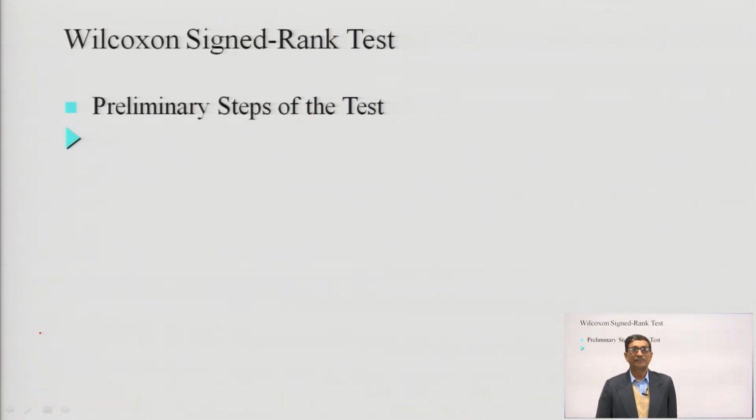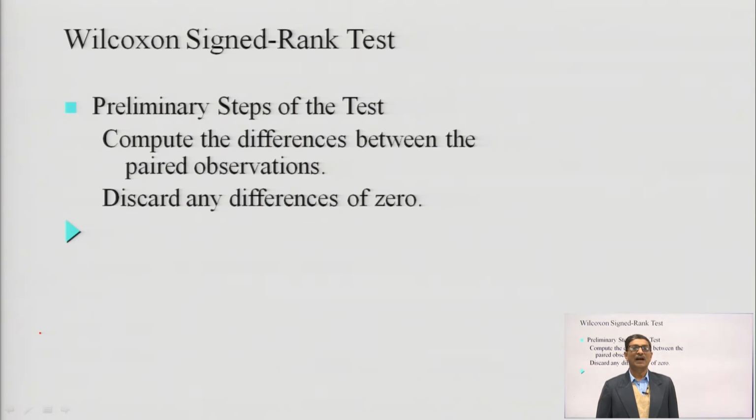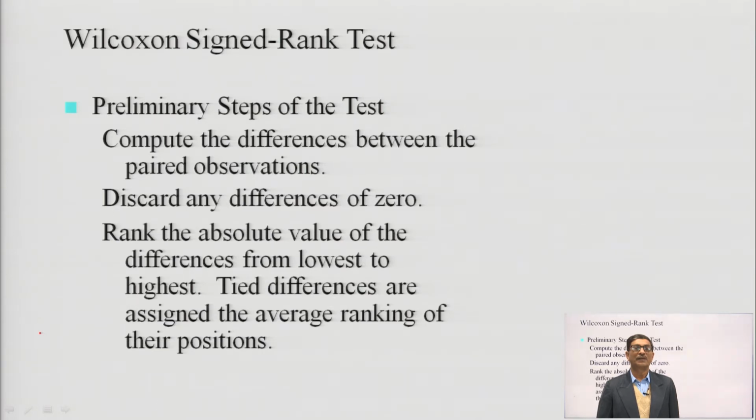The preliminary steps for the Wilcoxon rank test are: first we compute the difference between the paired observations, then discard any differences that are 0, then rank the absolute values.